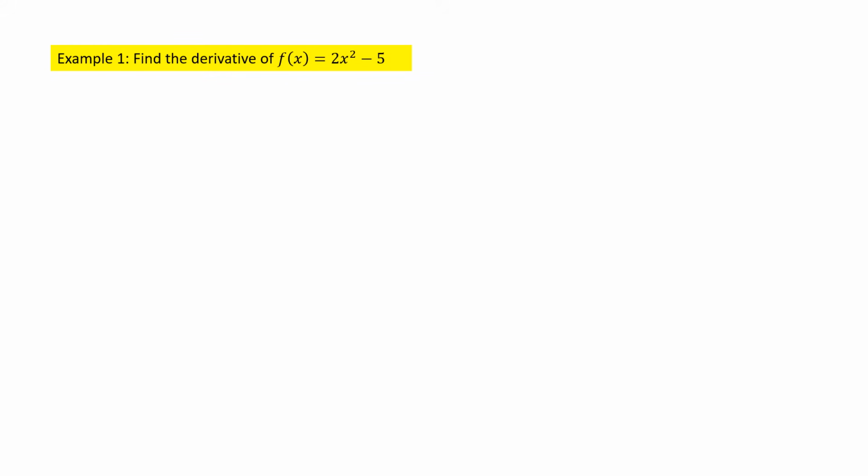Let us do some more questions for your clear understanding. Find the derivative of f of x equal to 2x power 2 minus 5. So here I have two terms. By using the formula, I can write this as d by dx of 2x power 2, then for the second term, keep the minus sign outside, d by dx of 5.